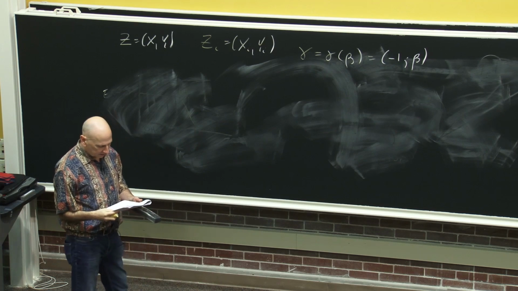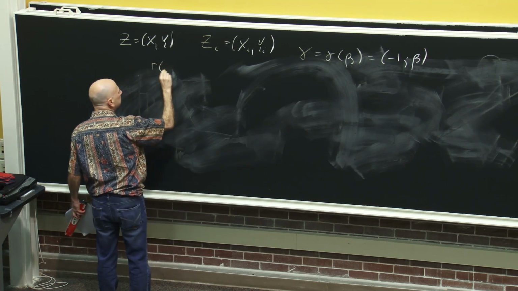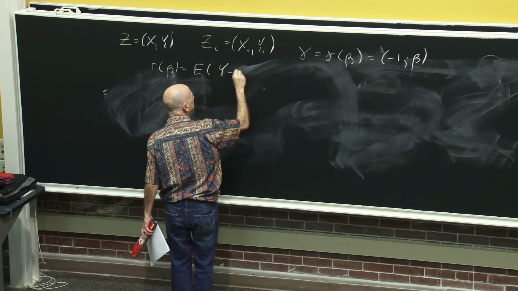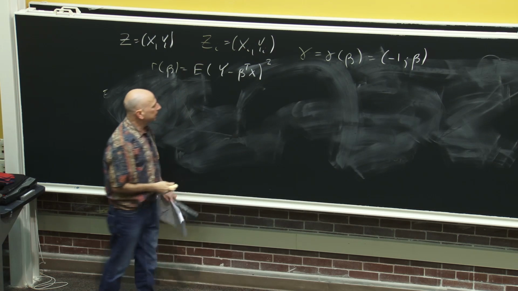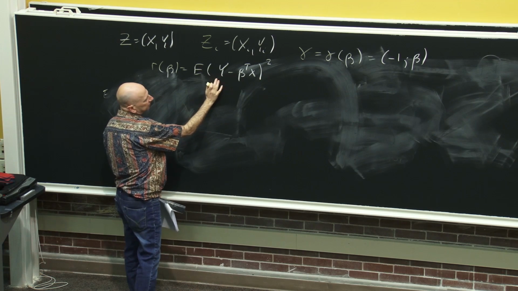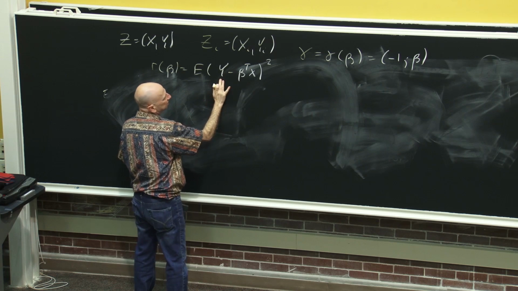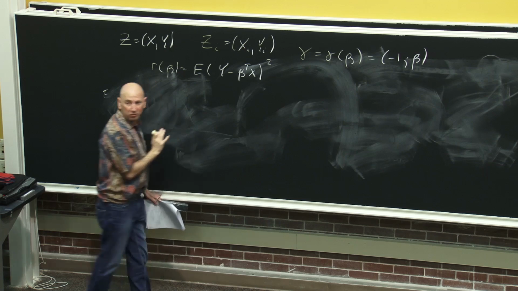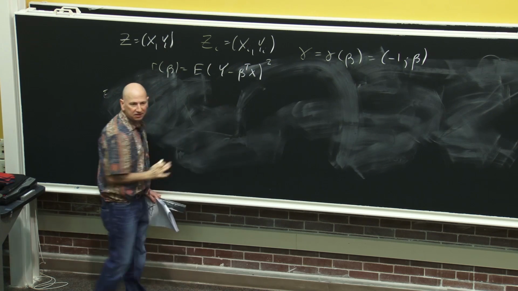And the reason for doing this is if you look at this predictive risk, well, really, this is the last component of z. This is the rest of z. This is beta, and now there's a gamma here, a 1. So this is really just gamma transpose z squared.